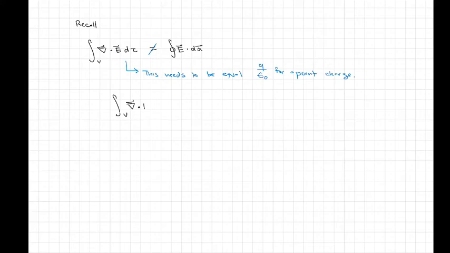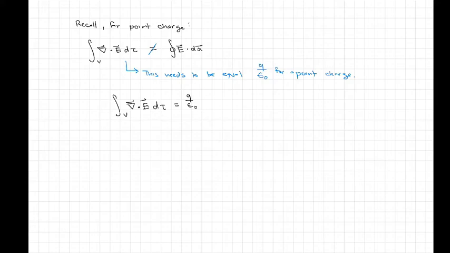So with that in mind, we know that the volume integral of the divergence has to be equal to, for a point charge, Q over epsilon naught. Let me make it clear: this is for a point charge. This isn't just for any particular situation.